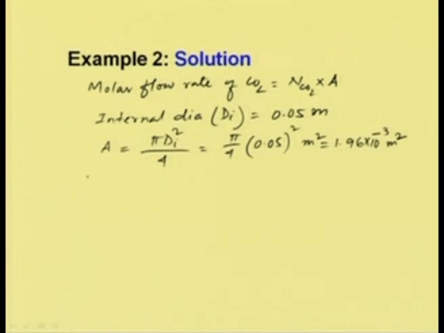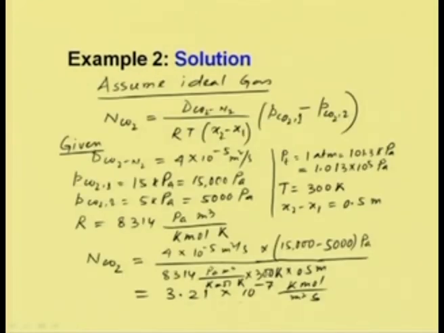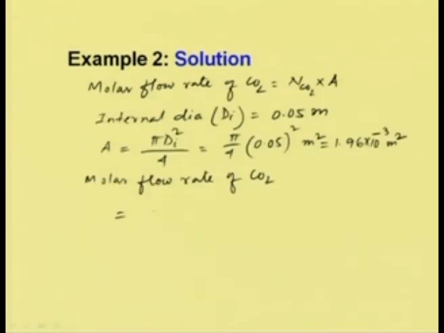So, the molar flow rate of CO2 is equal to the flux we have obtained earlier, which is 3.21 into 10 to the power minus 7 kmol per meter square second, multiplied by the cross sectional area 1.96 into 10 to the power minus 3 meter square.